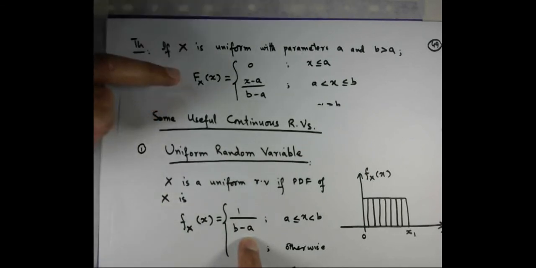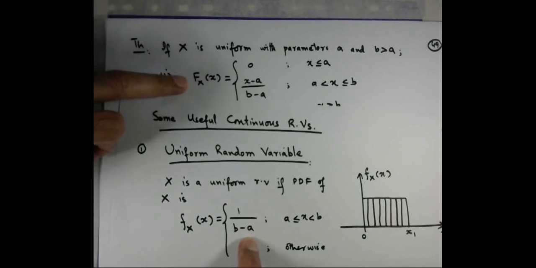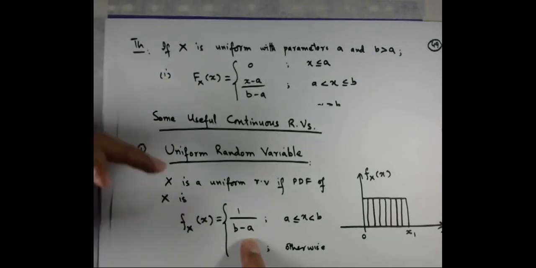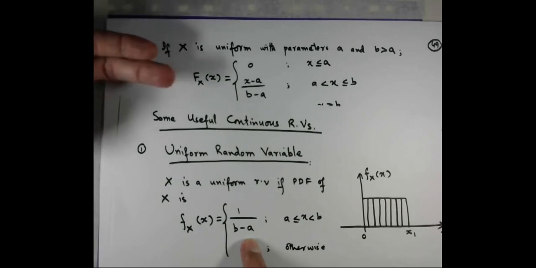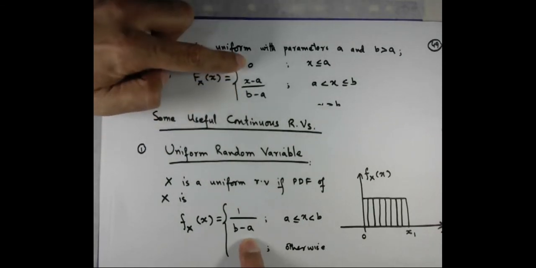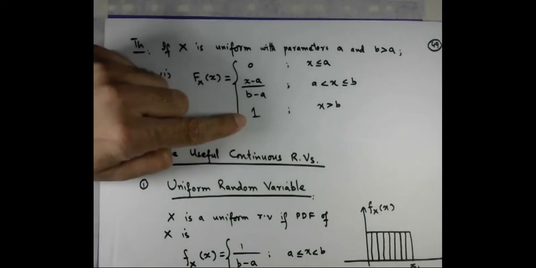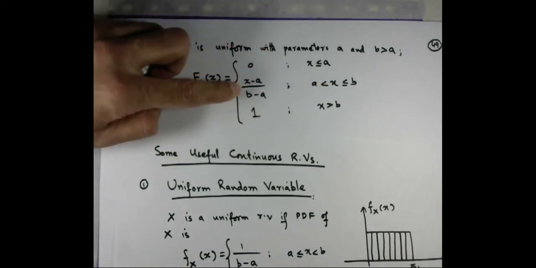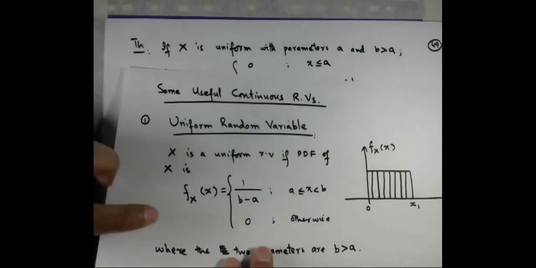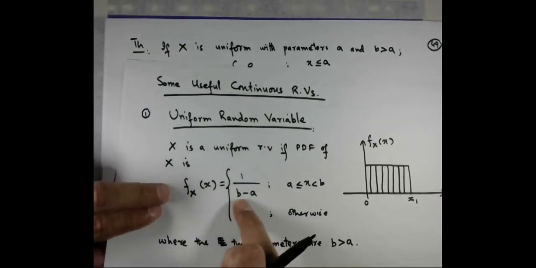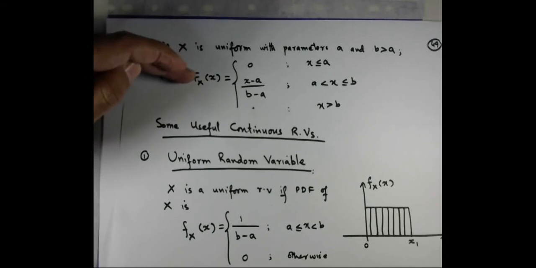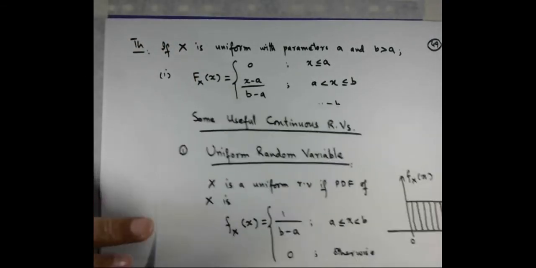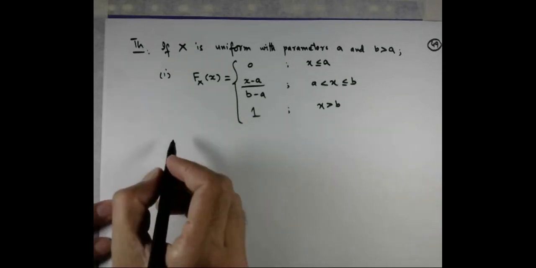You know, when you differentiate the CDF, you obtain the PDF, and you can obviously see here that if you differentiate this part, the derivative here is 0, the derivative here is 0. So within this interval, the derivative of this expression is simply 1 over B minus A. So the derivative of the CDF gives you the expression for the PDF of a continuous random variable.